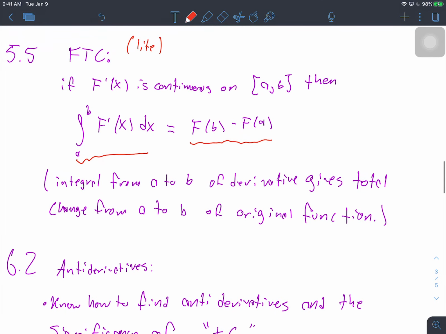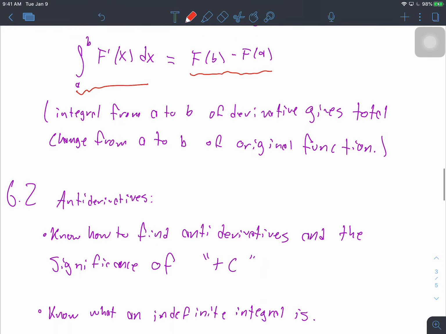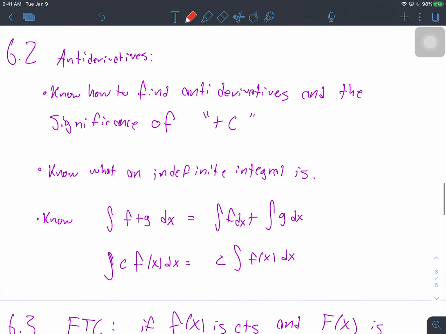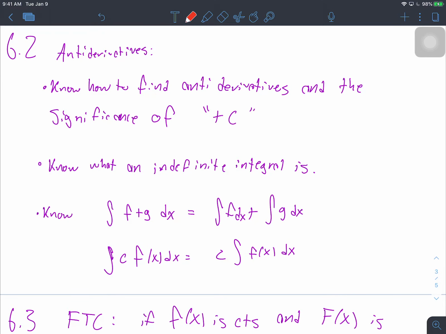I'm going to pass over this one kind of quickly because we're going to talk more about the fundamental theorem of calculus for 6.3. So 6.2 is when we learned how to do antiderivatives. So for this section, you should definitely know how to find antiderivatives and the significance of plus c.